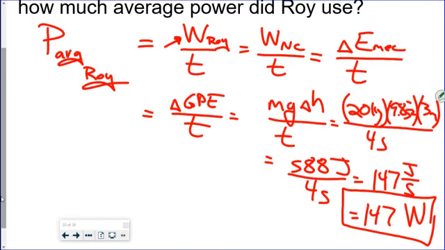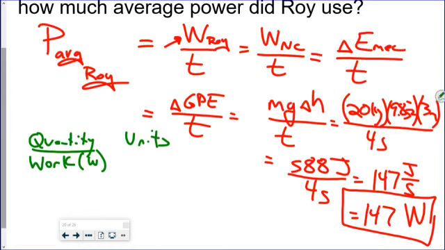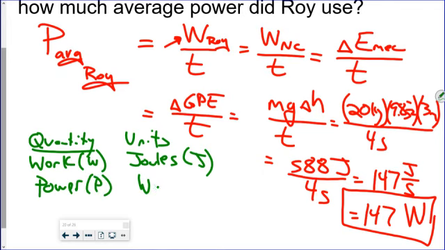Quantity and units: work is W, measured in joules, J. Power, P, is measured in watts, W. So just make sure you don't get the 2 W's confused. Okay, so that's a pretty basic example.